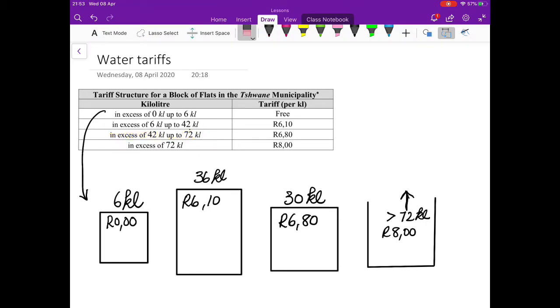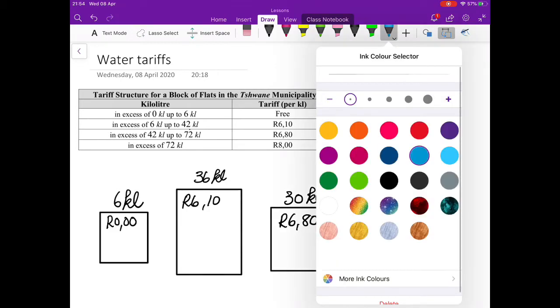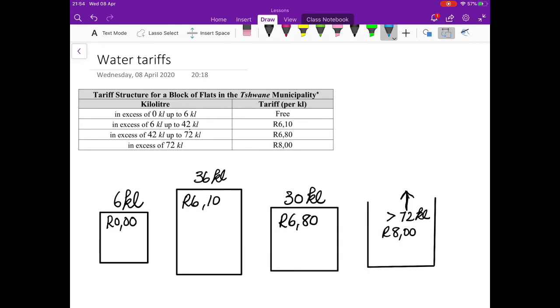So now we've sorted out our buckets. We want to know how much each one is going to cost. Over here, I will not pay any money for the water, so 6 kiloliters are going to be free.